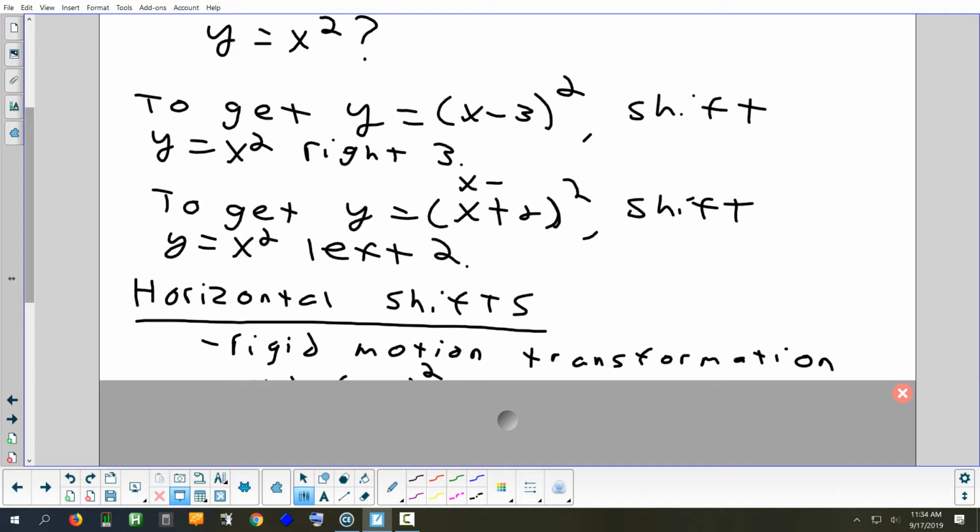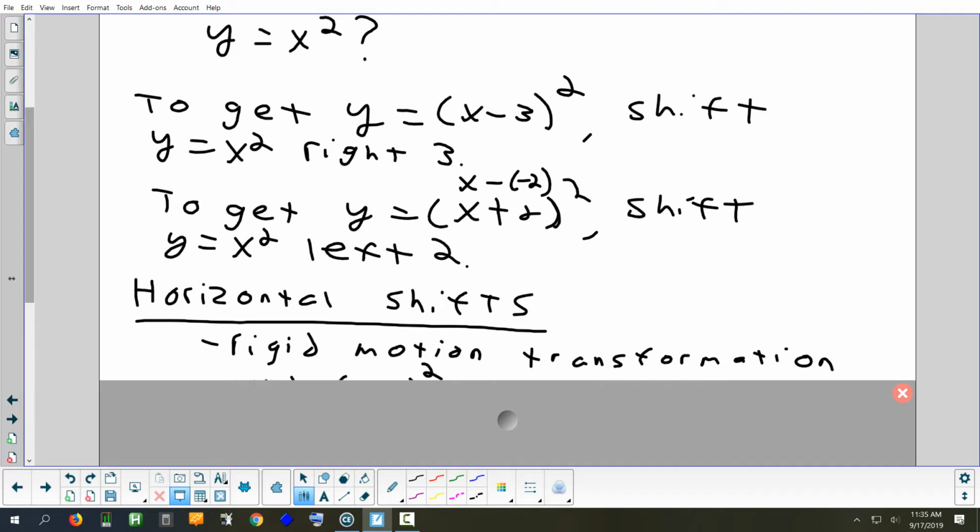How else could you write what's inside there? With subtraction. So if you didn't want to write plus 2, that's the same as minus, yeah? Minus 2, all right?